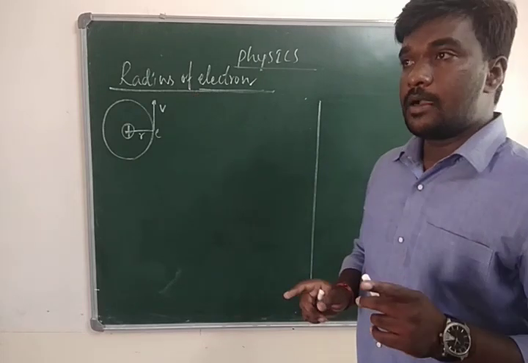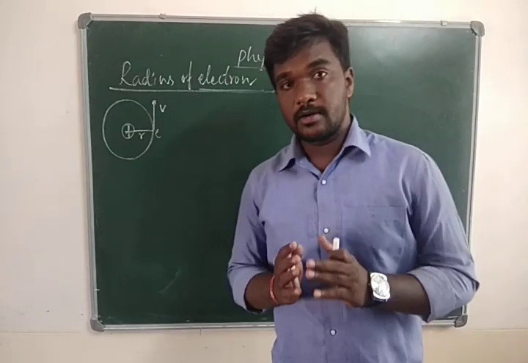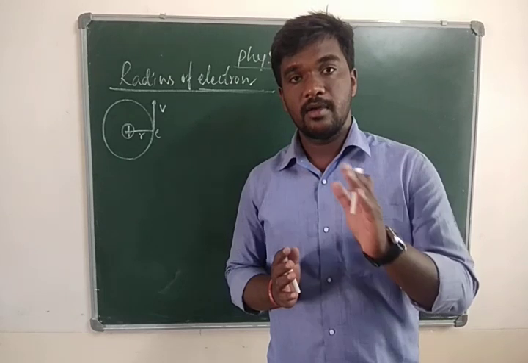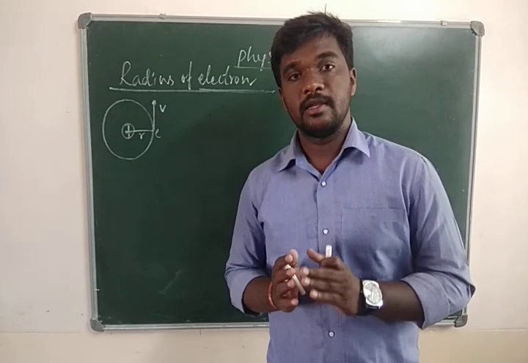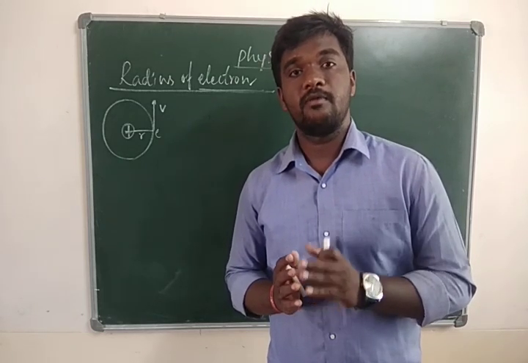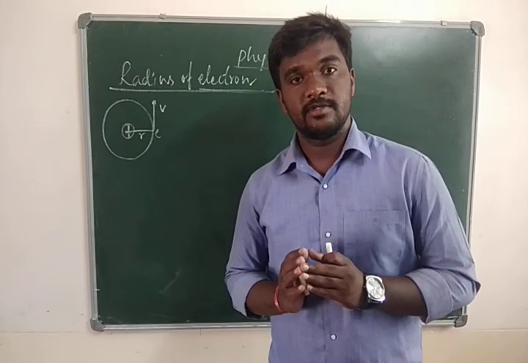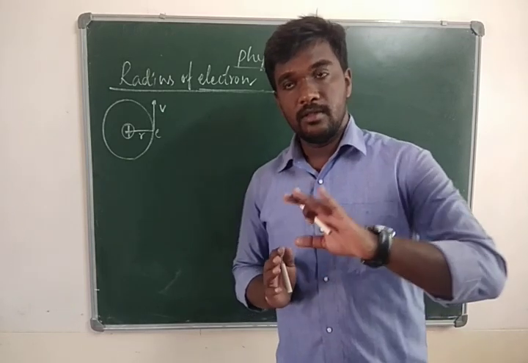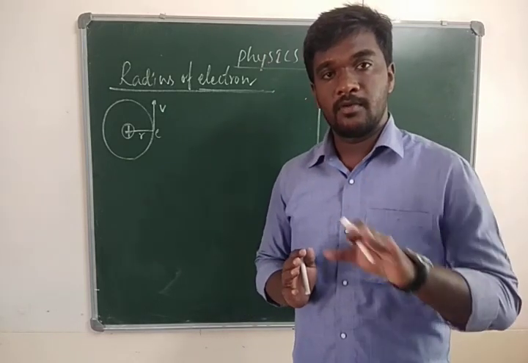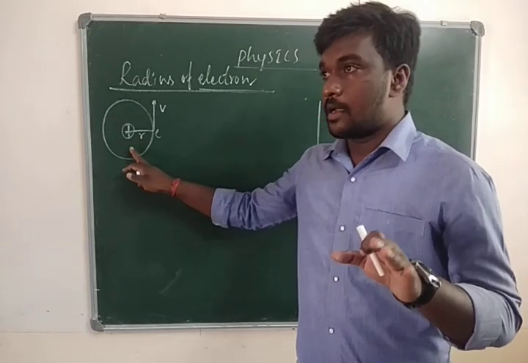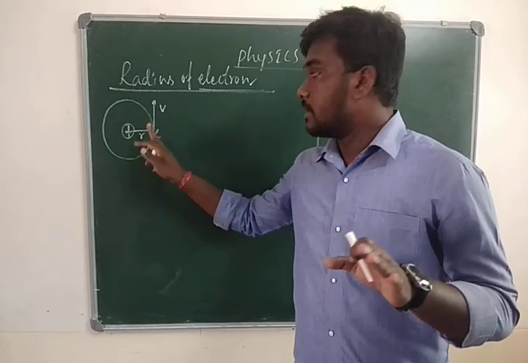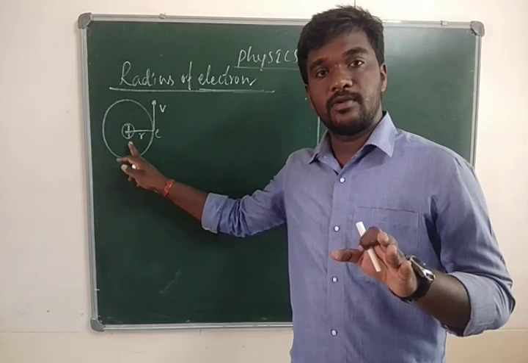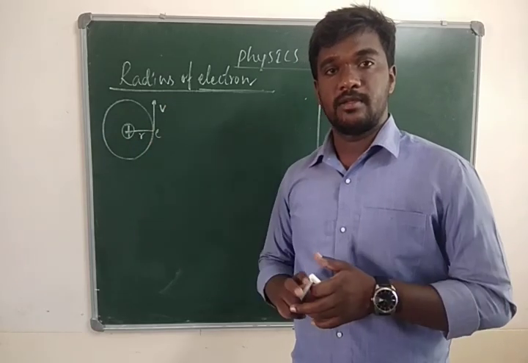When the electron revolves around the nucleus in a circular orbit, it provides the centripetal force, and there is also the Coulomb electrostatic force of attraction.